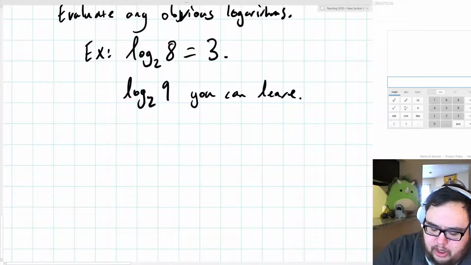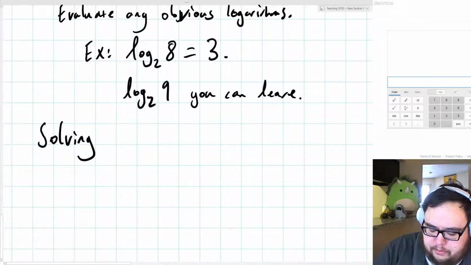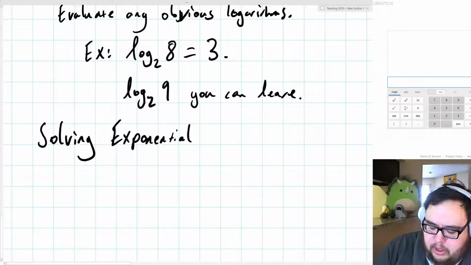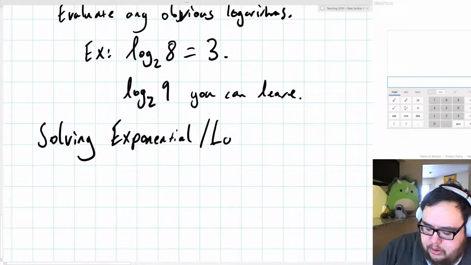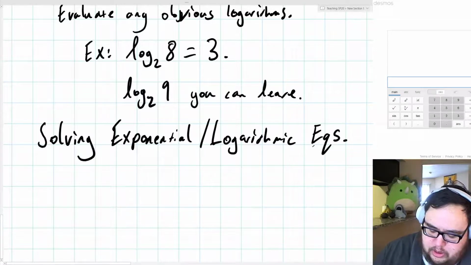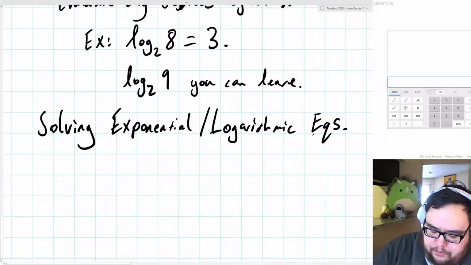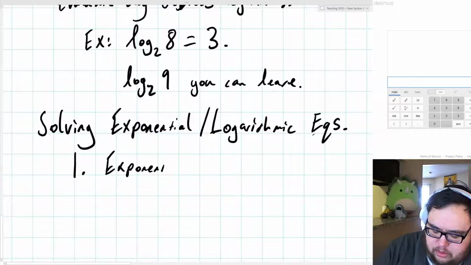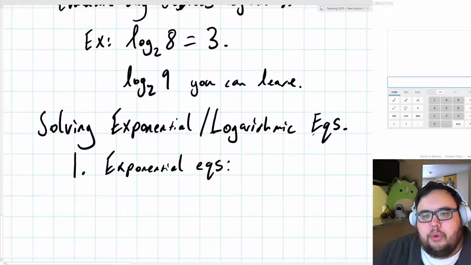And then from there, that brought us into solving exponential and logarithmic equations. So for exponential equations, we had three main types, I believe.